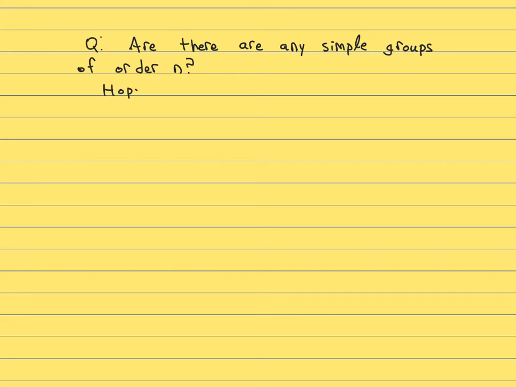So usually the idea is to try to show there's a normal Sylow p-subgroup. That one of the Sylow subgroups has to be normal no matter what.